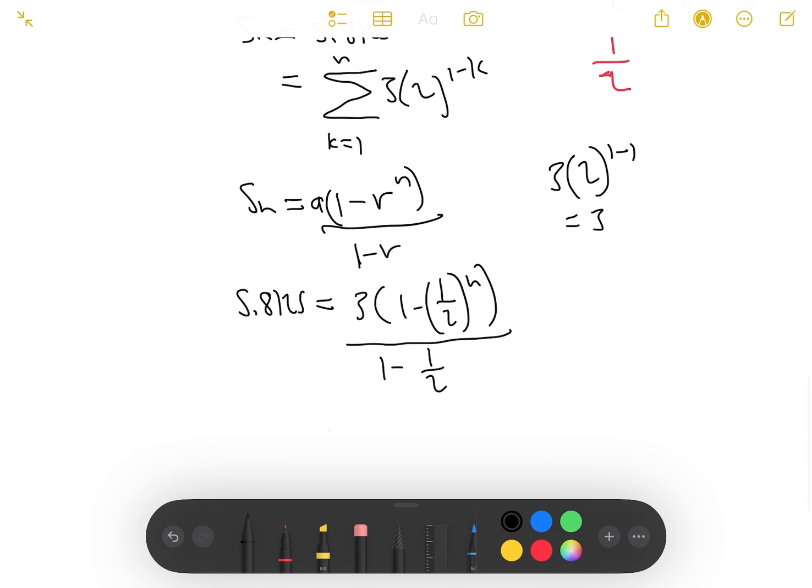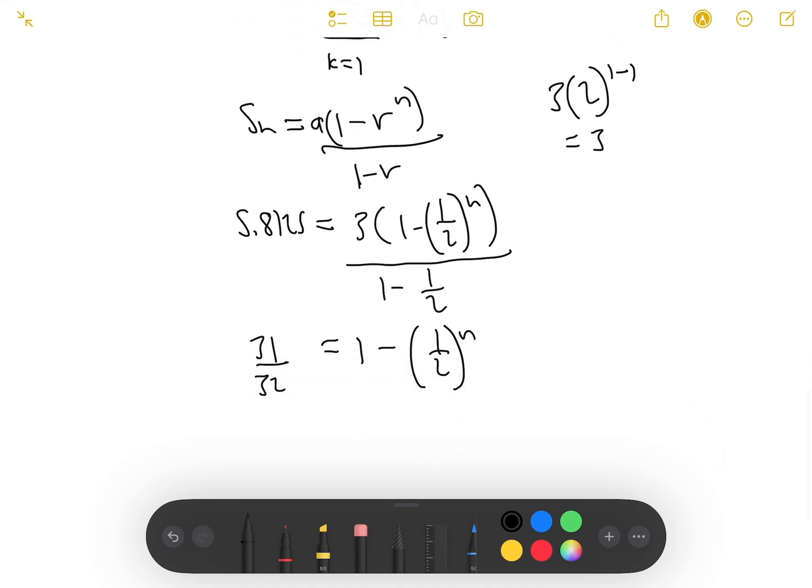Then let's say 5.8125 times half, divided by 3. This gives us 31 over 32, all equal to 1 minus half to the exponent n, right?